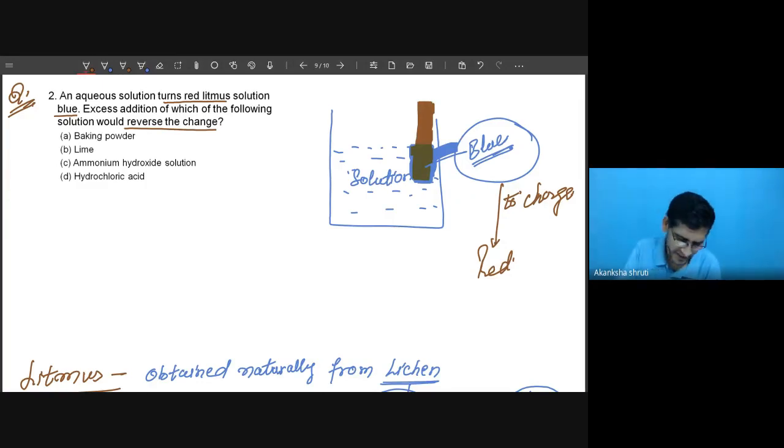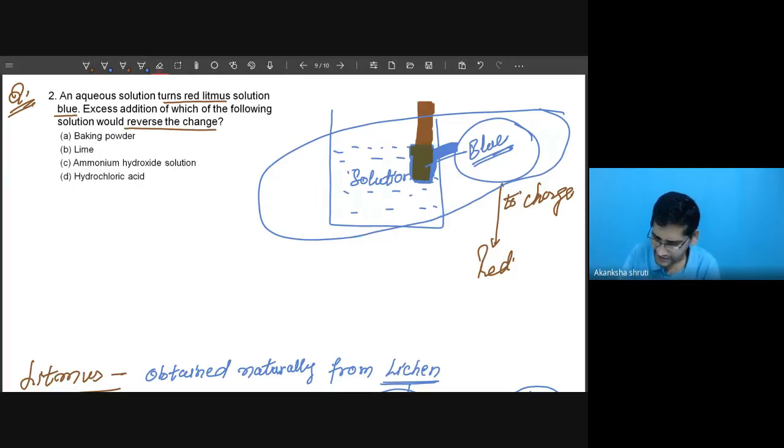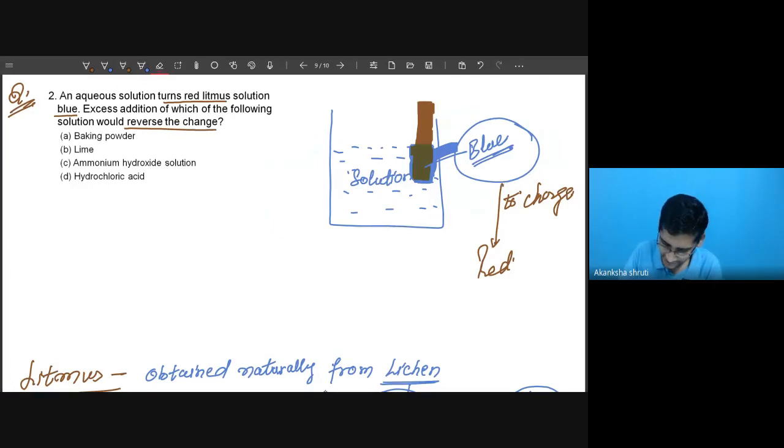What does it mean? It simply means that if I am taking this much information, then this tells that this solution is basic. So this indicates this solution is basic.